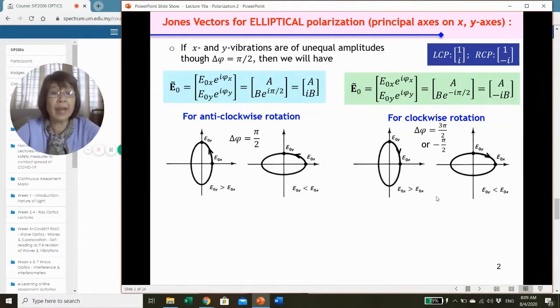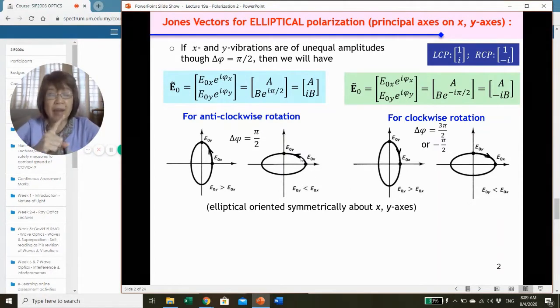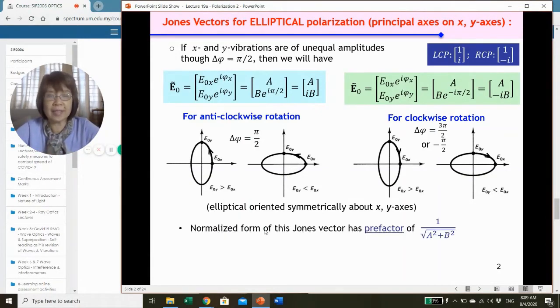So this will be right elliptical polarization. The ellipse is oriented symmetrically about the x and the y axis.